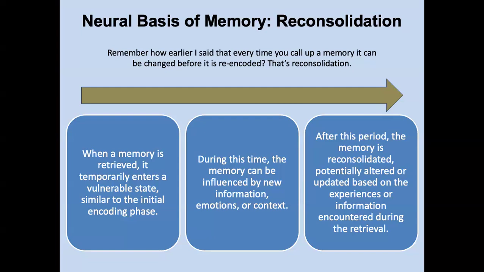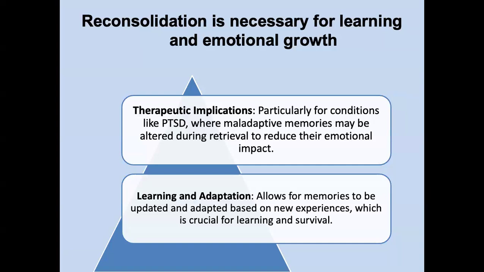So memories by default change over time. However, that sounds bad, right? But this is critically important. We can't learn and change without this process occurring, because we have to be integrating new information in order to function.